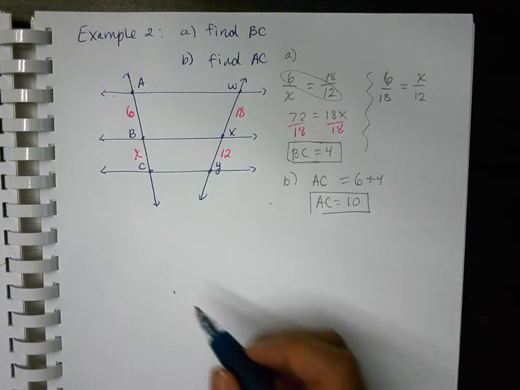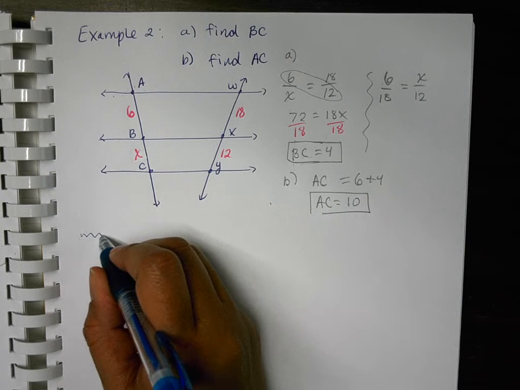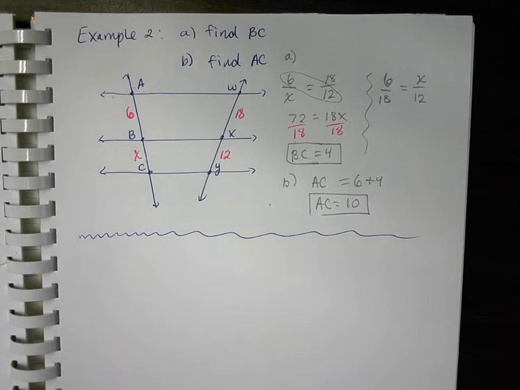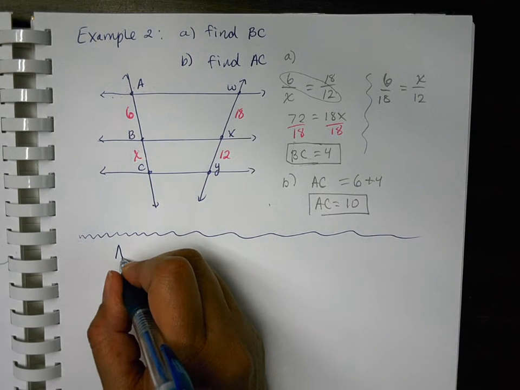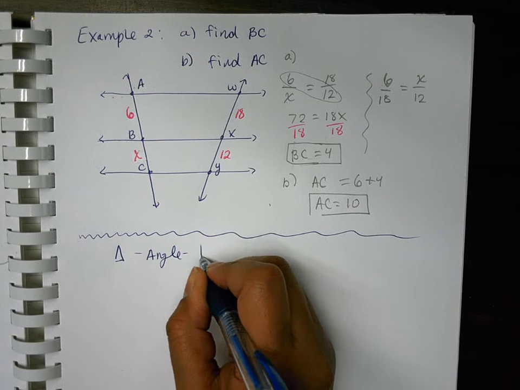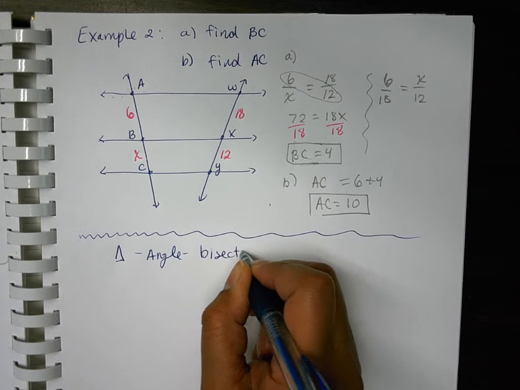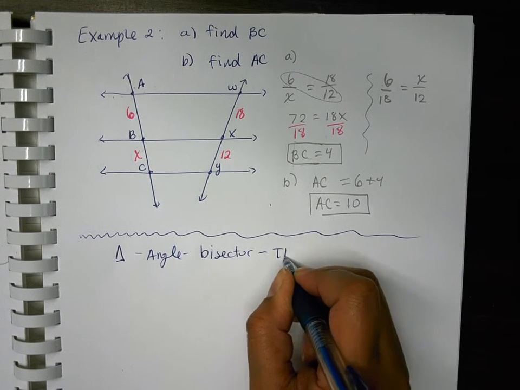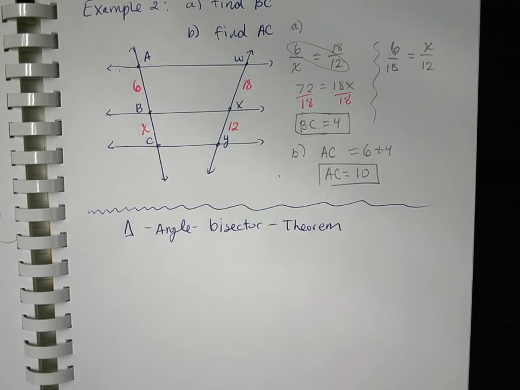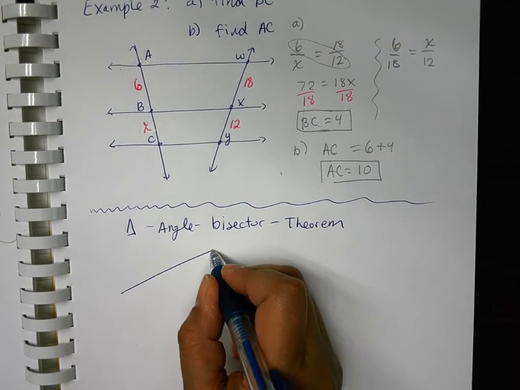I am moving on to the last theorem, which is called the triangle angle bisector theorem. Do we know what an angle bisector is for a triangle? Yes.